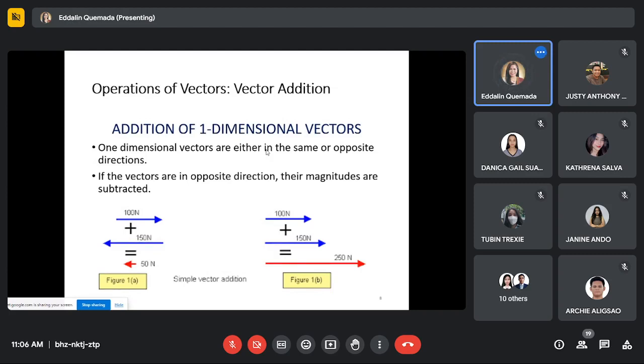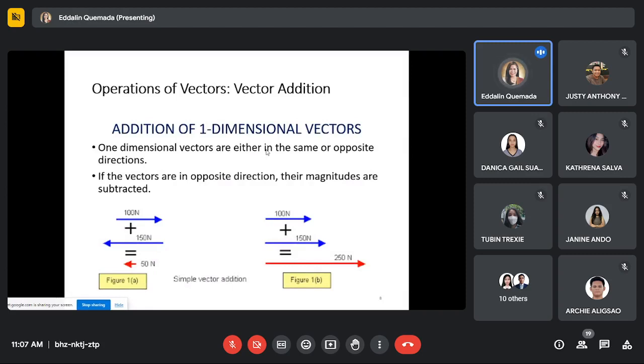So if vectors are in opposite direction, their magnitudes are simply subtracted. But if vectors are in the same direction, their magnitudes are simply added. Simple rules in addition and subtraction for one-dimensional vectors, right?